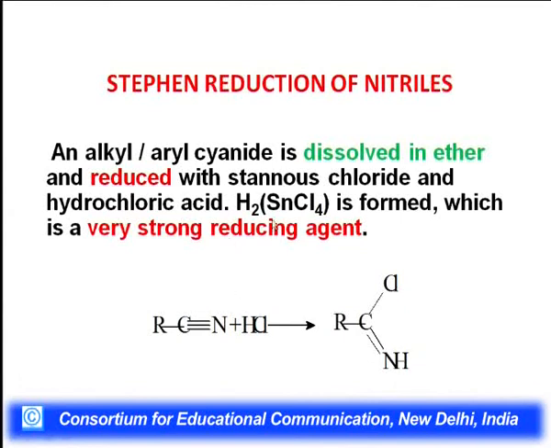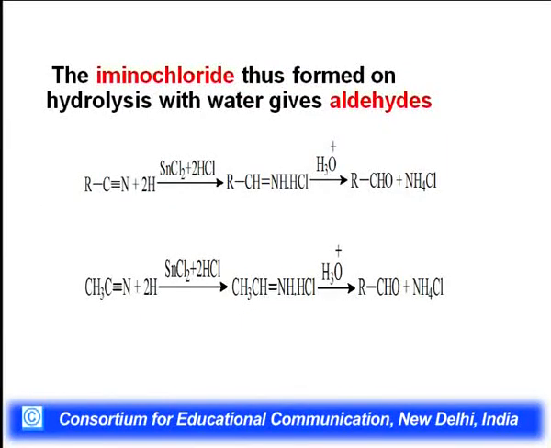Whereas when we do the reaction with SnCl2 in the presence of HCl, SnCl2 reacts with HCl to give us nascent hydrogen, which then adds to this carbon and this nitrogen.